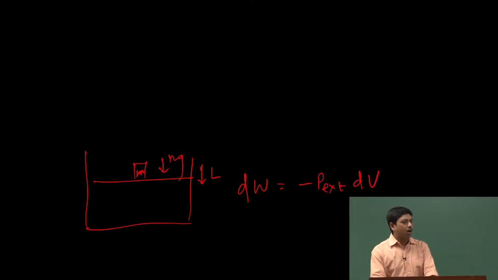It is how much the external mass is doing the work on the gas. Work done on the system means how much the mass is doing the work on the gas, right.